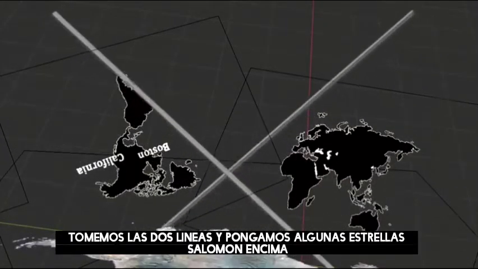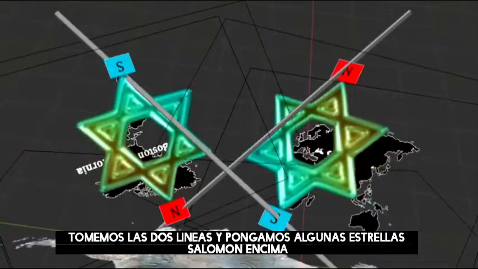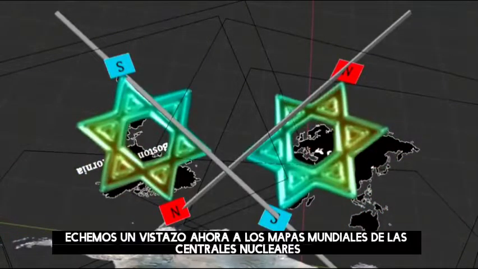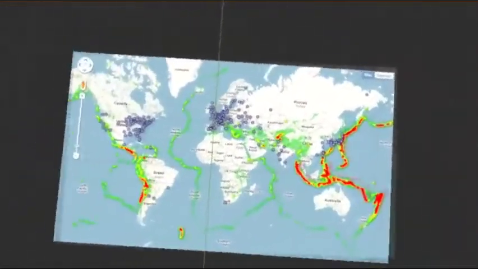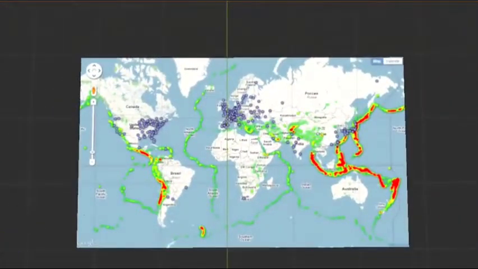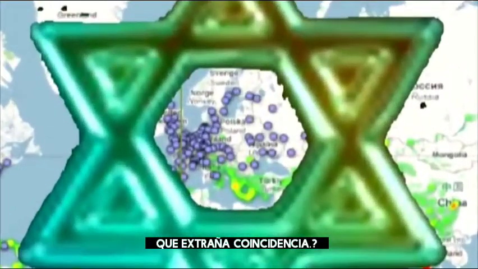Let's take the 2 lines and put some Solomon stars on top of it. Let's take a look now at the world map of nuclear plants. What a strange coincidence.